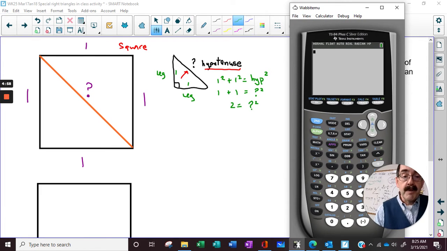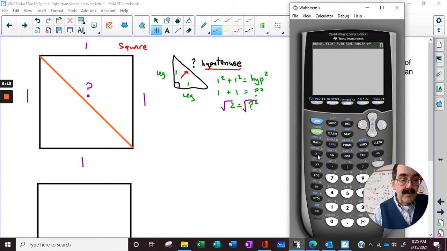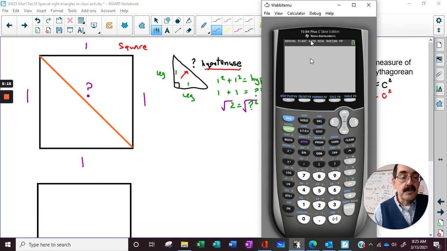So now on your sheet of paper, if you haven't done this, we need to take the square root of both sides. Okay? The square root of something squared is itself. Let's just do that. 2 times 2, 4. 2 squared, 4.